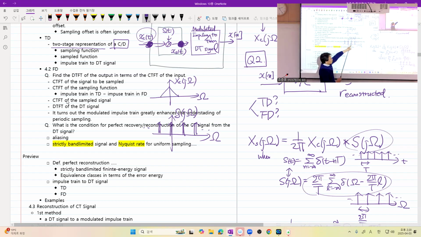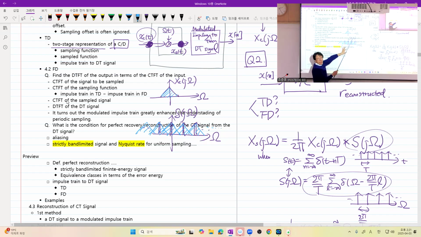The first right-side one moves this to the right by this amount, this one moves the spectrum to the left, and so on. So this will be copied here, and there, and there, and so on.